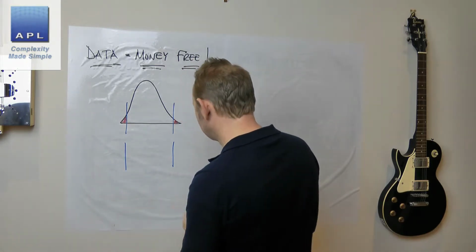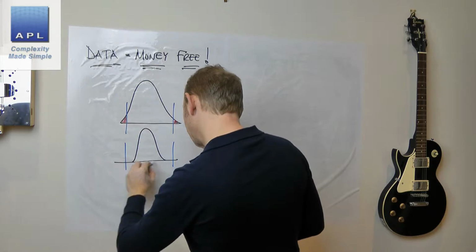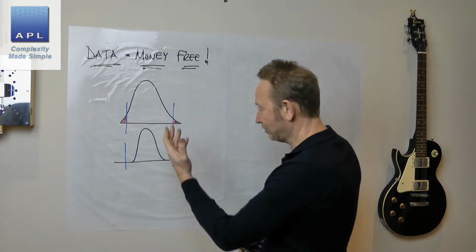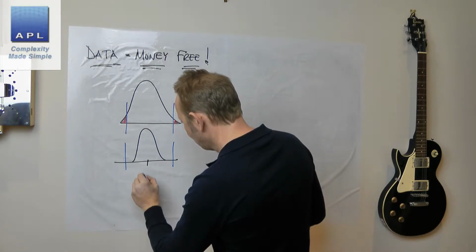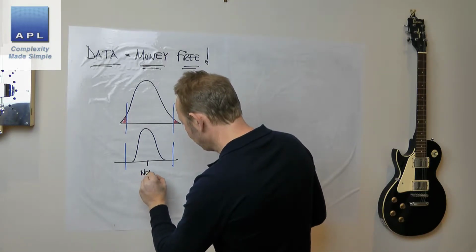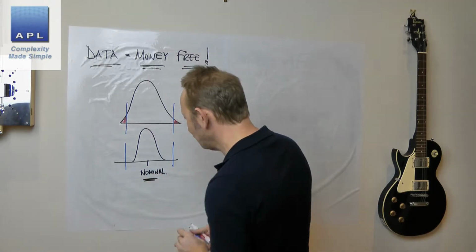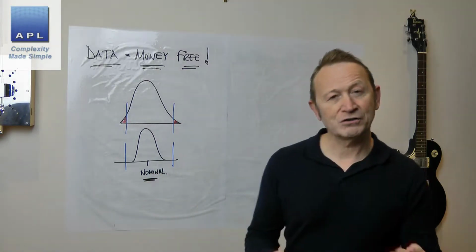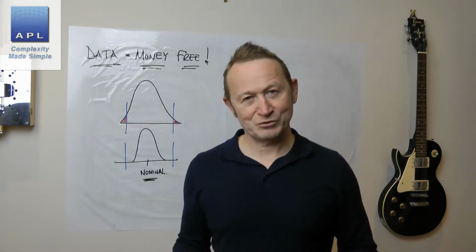It might, if you're a little bit luckier. Let's draw something a bit more capable. Might look like that, so defect free. Of course, what are you constantly trying to do? Well, you're constantly trying to land the middle on the target, on the nominal, and you pay your operators almost to do that.